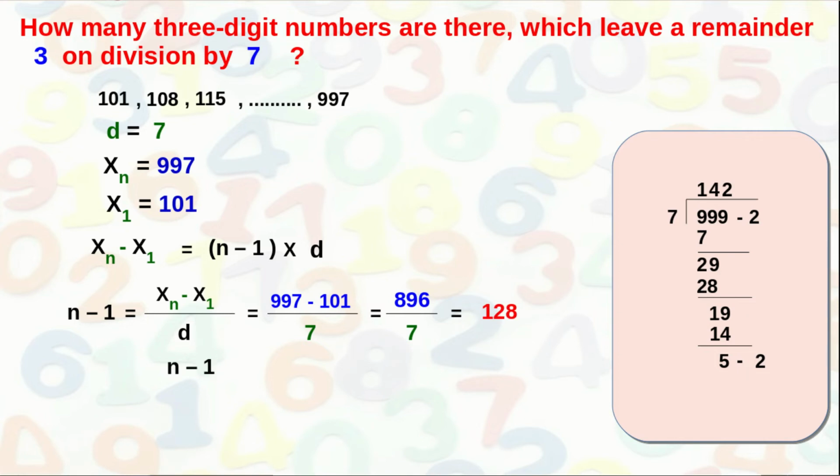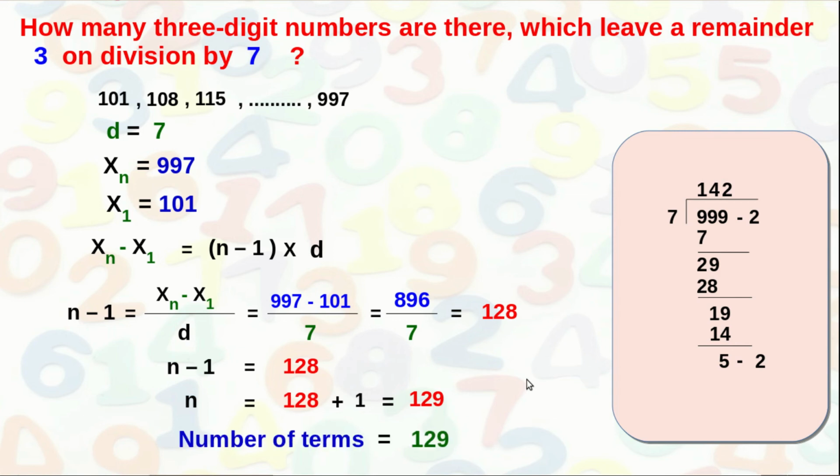That is, n minus 1 is equal to 128. Therefore, n is equal to 128 plus 1, that is equal to 129. That means 997 is the 129th term of this sequence, or in other words, number of terms is equal to 129.